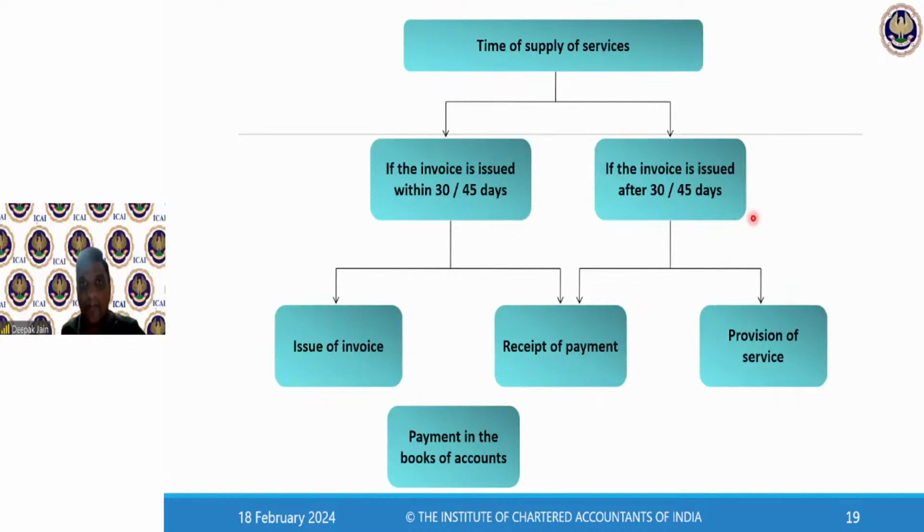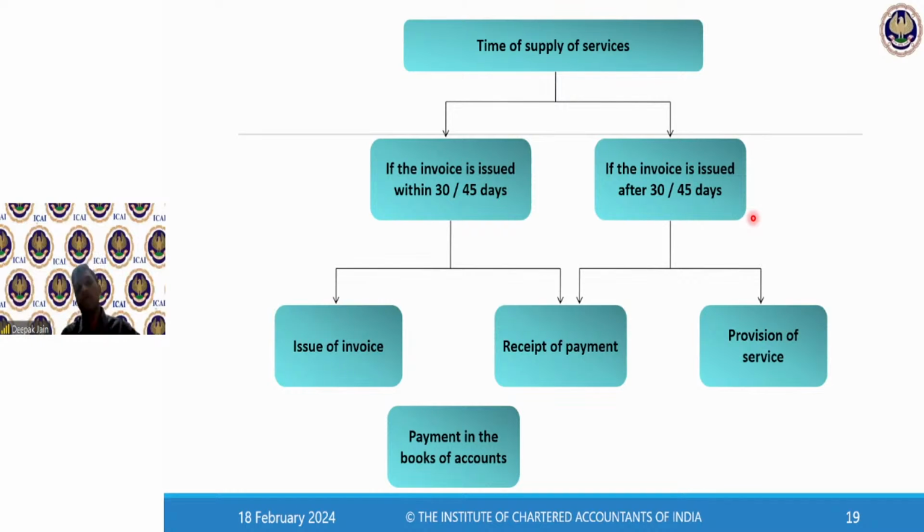Okay. Now take an instance, same supply of 30th June. I should raise the invoice by 30th July, but I've raised it on 1st of August, one day's delay, which is beyond 30 days. The time of supply will not be 30th July. That is the due date for raising an invoice.